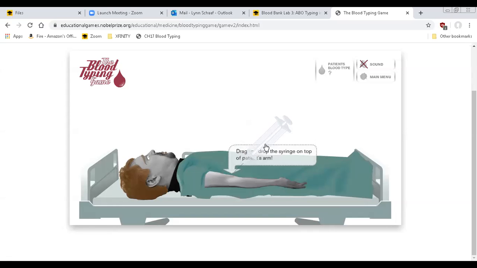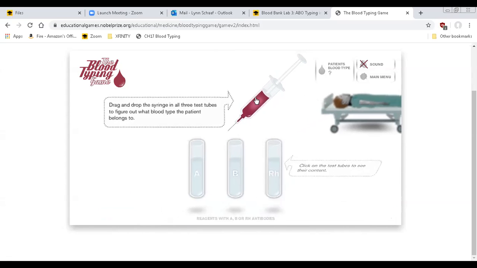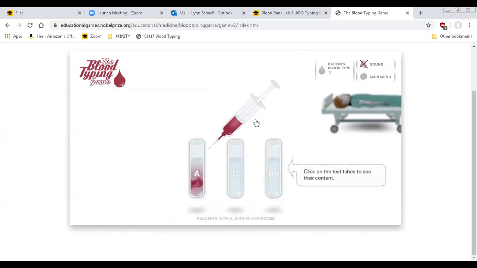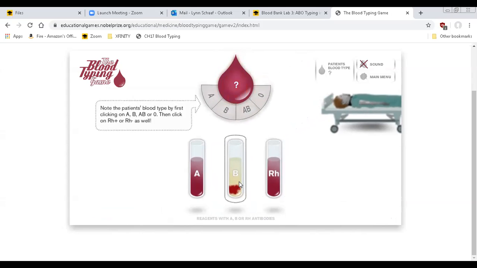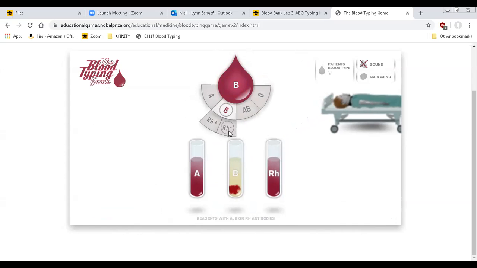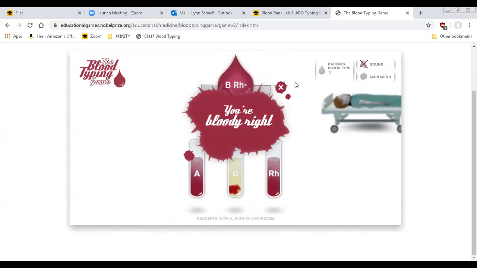Okay, so you draw the syringe, fill in your tubes. Okay, so what do I think this patient is? I'm going to also click this on my worksheet. So I think this person is B negative. Okay, and I'm right.